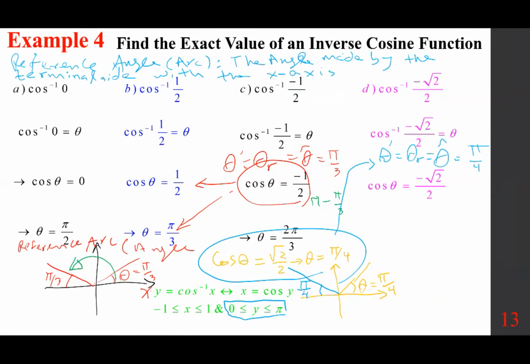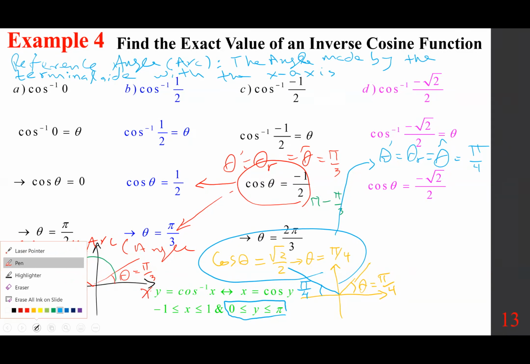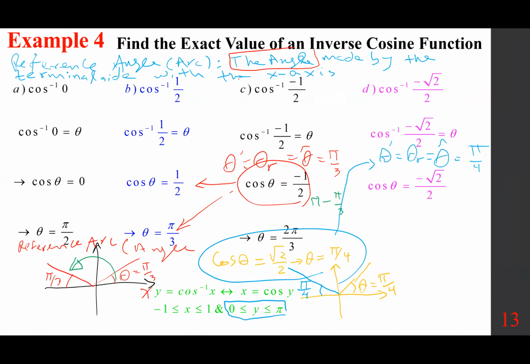Or we should actually call it the smallest angle. The smallest angle, perhaps it's better. So instead of this, I really want to write the smallest. And so with that being the case, for this one it would be pi minus pi over 4, which gives us 3 pi over 4. So I want you to be very comfortable with the concept of reference arc and being able to handle it.